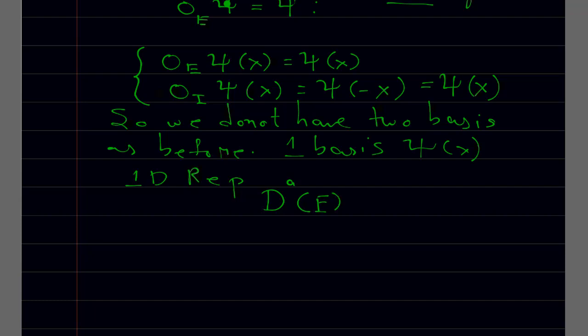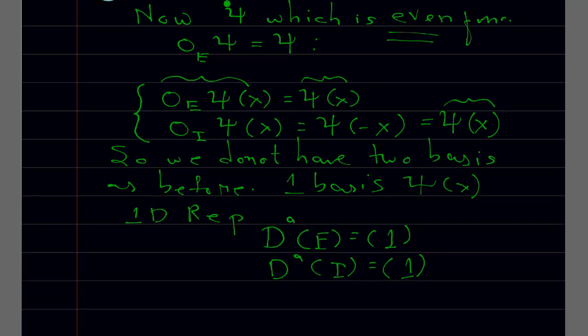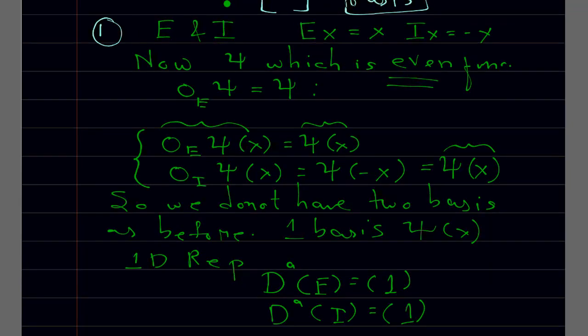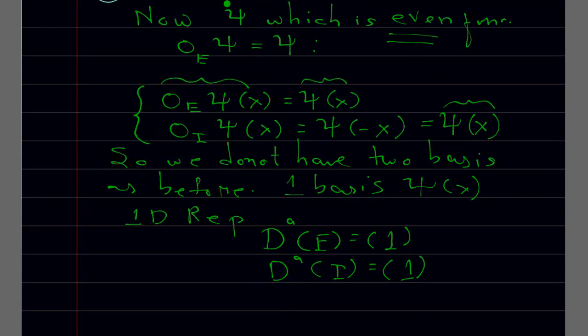This is going to be 1, and dAi is also going to be 1, because in both cases you started with the function and you ended up with the same function. That's why the 1. So this is case number 1, where your psi is an even function. Now let us see case number 2.